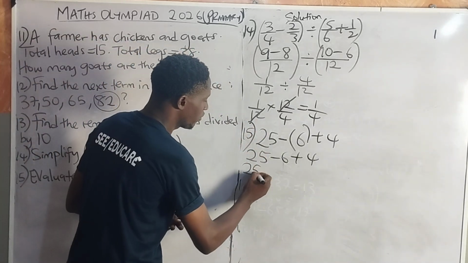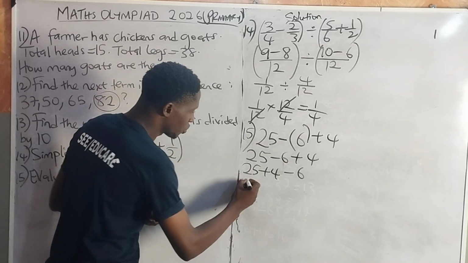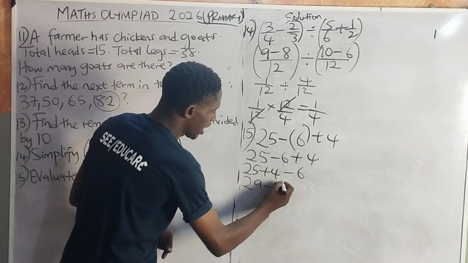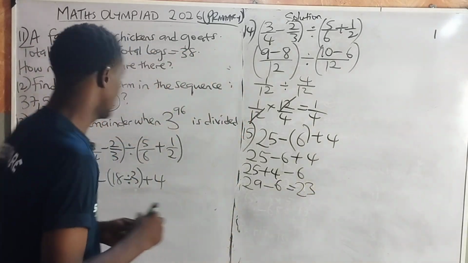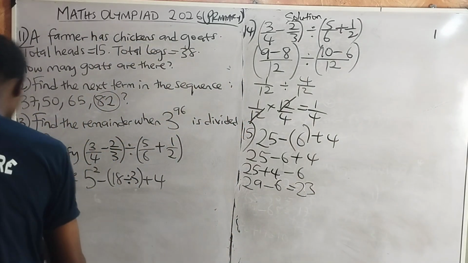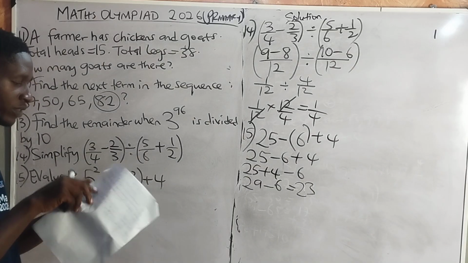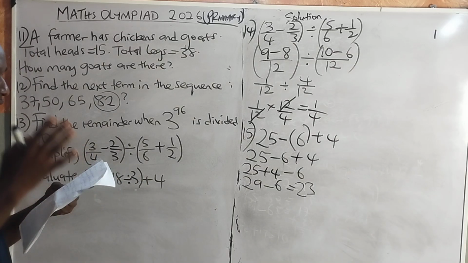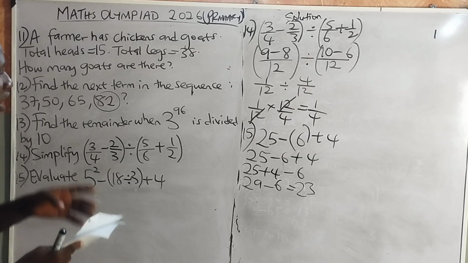So I have 25 plus 4 minus 6. 25 plus 4 is 29. Minus 6. 29 minus 6 will give us 23, and that is the answer. So from here we can see that we have solved numbers 11, 12, 13, 14, and 15, and that should be the final answer.